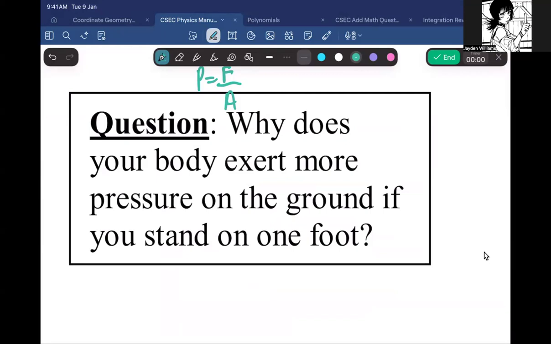The area decreases. Right. Because if you stand on both feet, your weight would be spread out over the combined area of your left foot and your right foot. But if you stand on one foot, your weight will only be able to spread out over the area of 1 foot. So the area is less. Make sense? And if the area is less, what increases? The pressure. Exactly. Great.